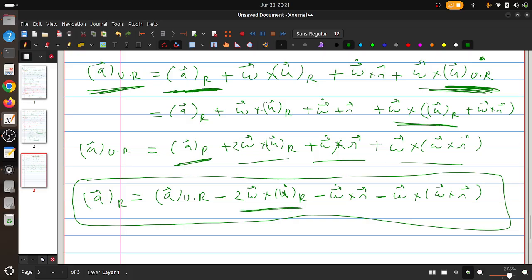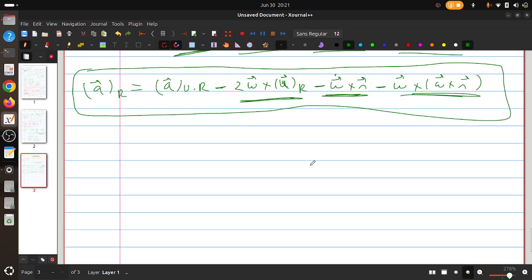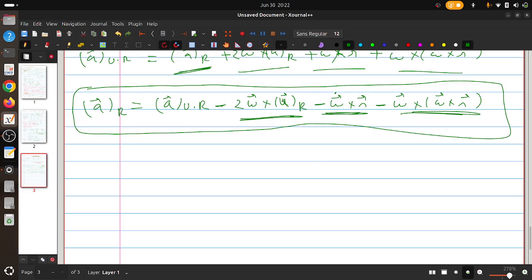These three forces, 1, 2, and 3, possess three different names. They are all pseudo forces, right? So this first particular force is what we refer to as the Coriolis force.